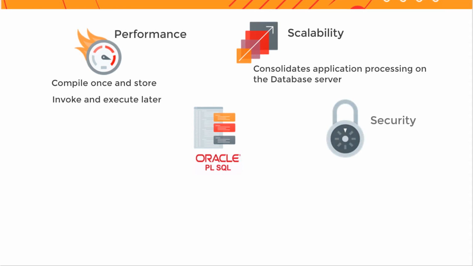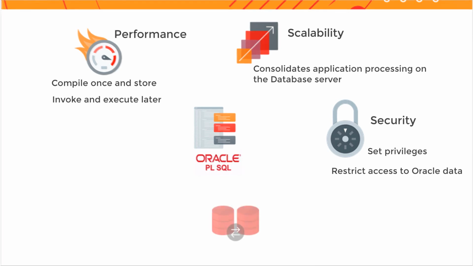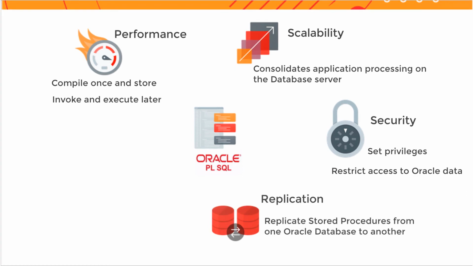Security. You can set privileges on stored procedures. By doing so, you can restrict access to Oracle data. For example, you can allow access to a procedure that updates a database table but deny access to the table itself. Easy to replicate. By using Oracle Advanced Replication, you can replicate stored procedures from one Oracle database to another.